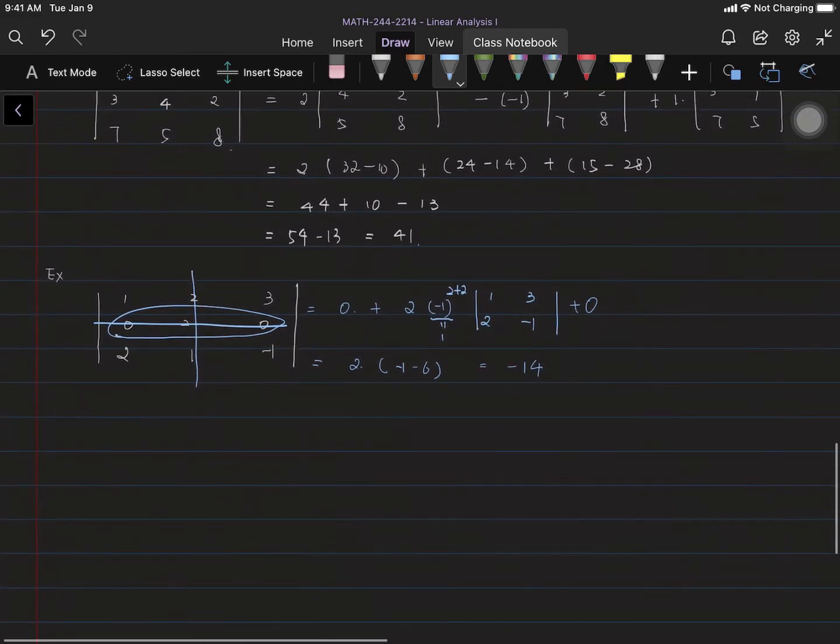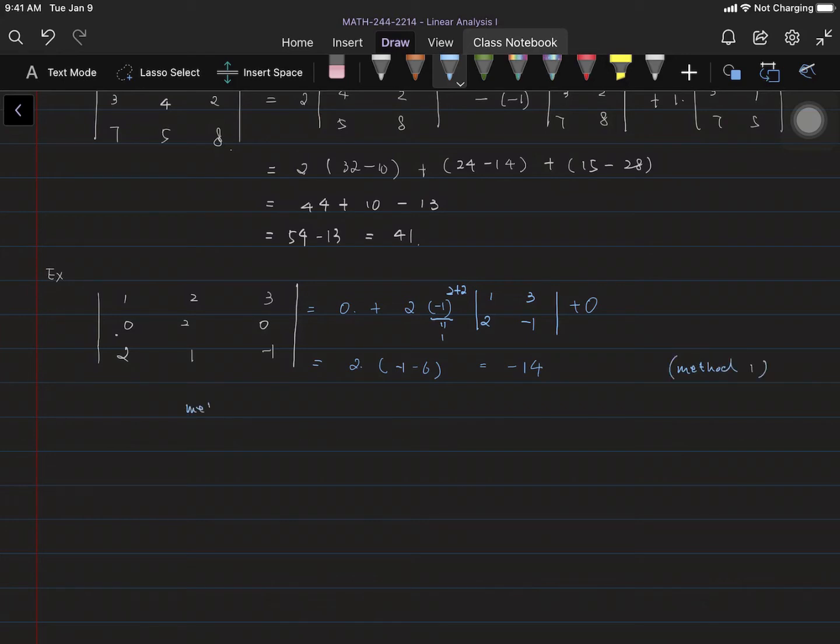And then we can double check this problem by using the first row. If you like to use the first row, that's also okay. This is method 1. Let's see method 2, using the original method with the first row, first column.